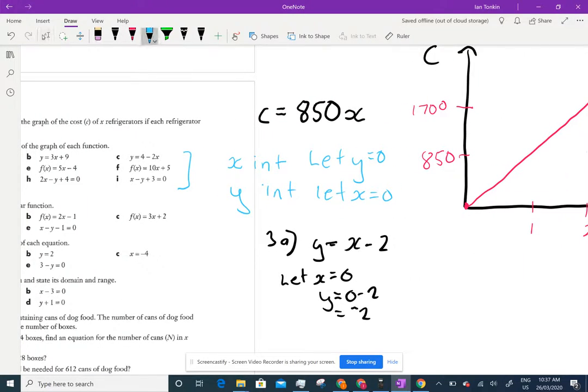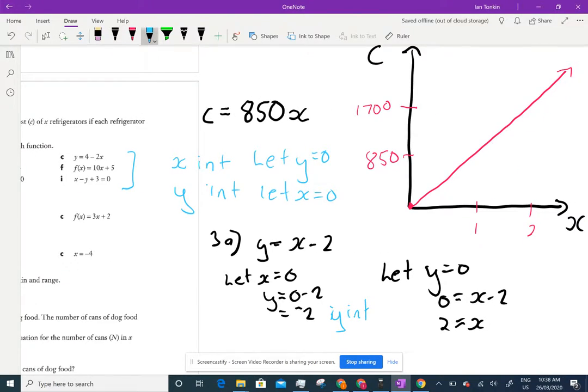And that's the y-intercept. And if I let y equals 0, I get 0 equals x minus 2, and I take the 2 over, x equals 2. And that's the x-intercept.